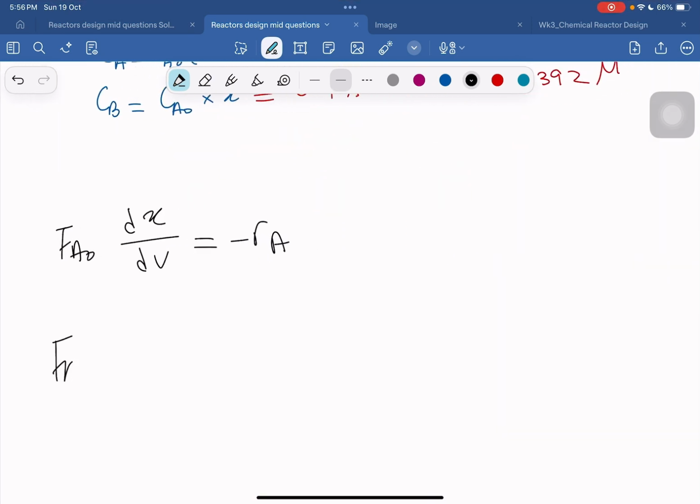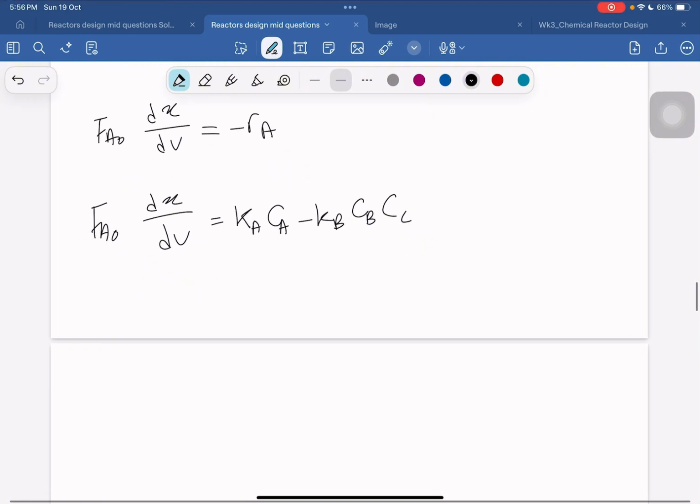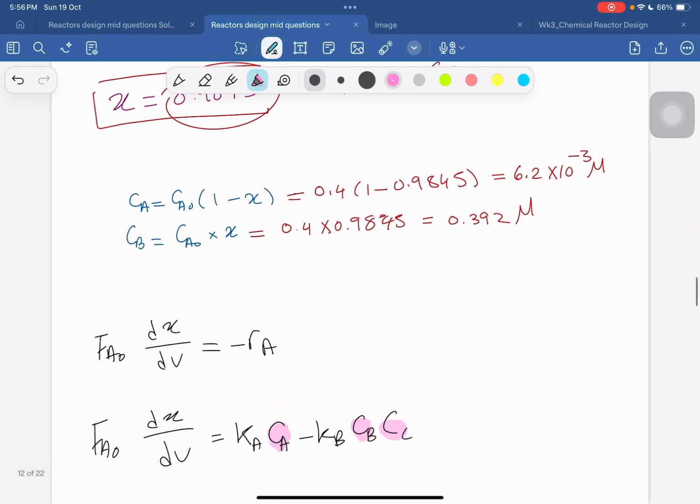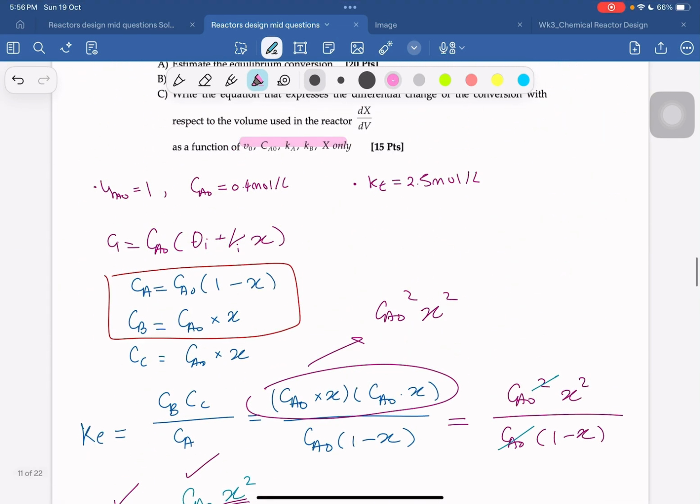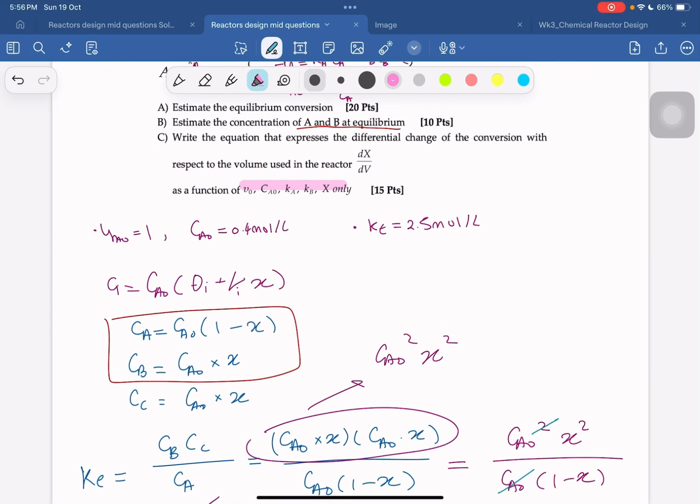So we have Fa naught dx over dv is equal to Ka Ca minus Kb Cb Cc. Now, in place of Ca, Cb and Cc we put these expressions that we found here. Why? Because it's asking us to find the equation as a function of Ca naught.